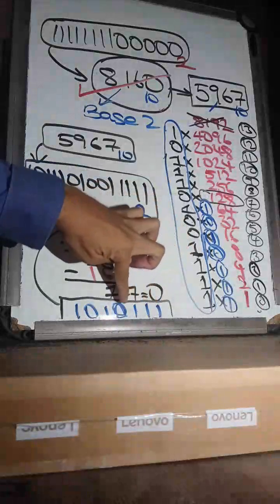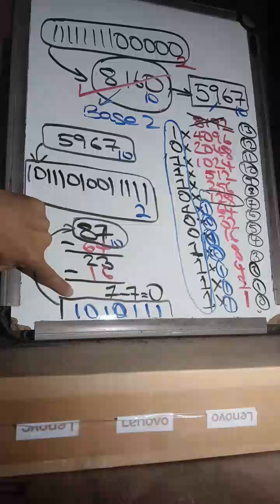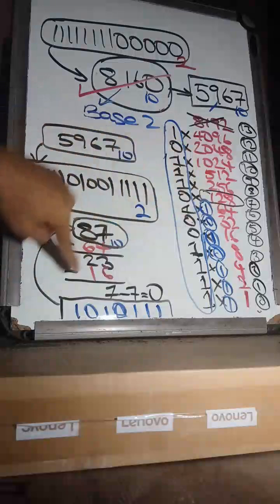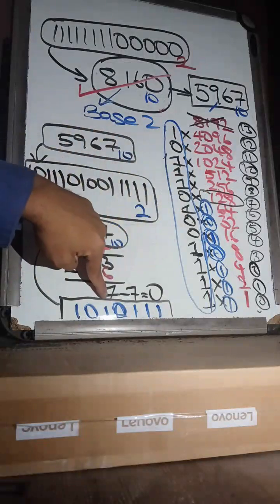So let's see, 0 1 2 3 4 5 6. 2 to the 6, 64. We don't use any of the 5, but we use 2 to the 4. So we use 2 to the 6, 2 to the 4, and then we use 2 to the 2, 1, and 0.